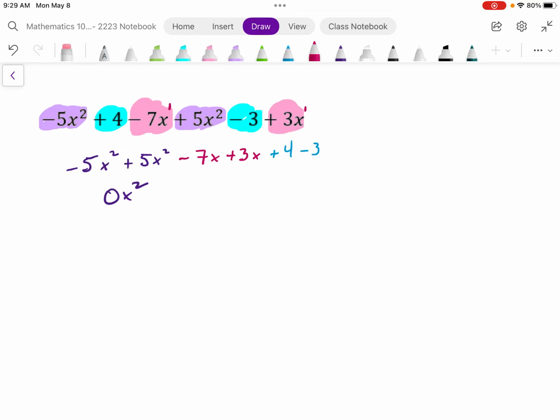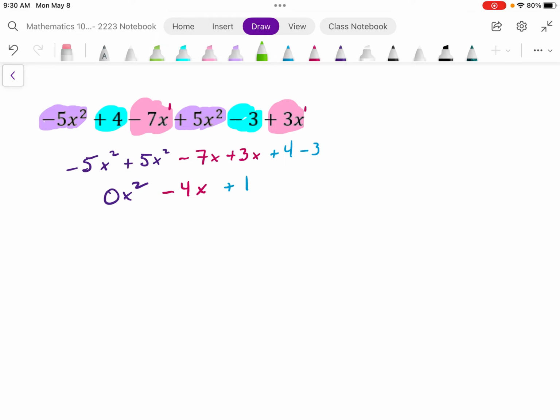Negative 7x plus 3x. Negative 7 plus 3, well, that's negative 4x. 4 minus 3 is 1. So this is 0x squared minus 4x plus 1.